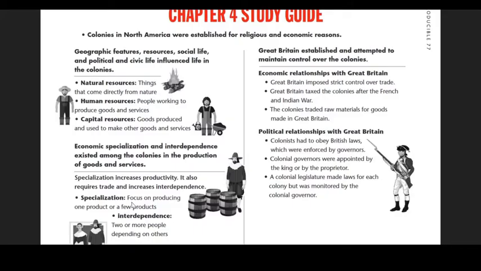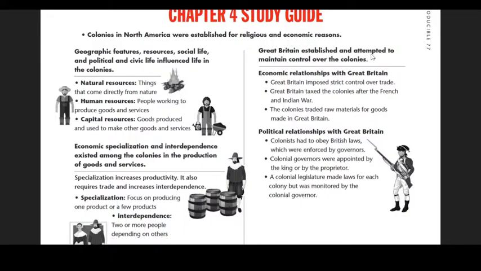So each colony had a specialization, that's a focus on producing one product or a few products, and interdependence is two or more people depending on others. When you depend on people, you're interdependent.